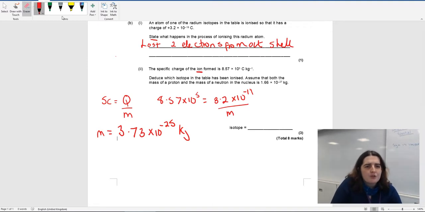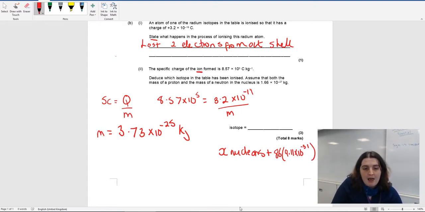So in total, I have X nucleons, plus, as I've lost 2 electrons, I would have had 88 if it was stable, so 86 times the mass of an electron, 9.11 times 10 to the minus 31.